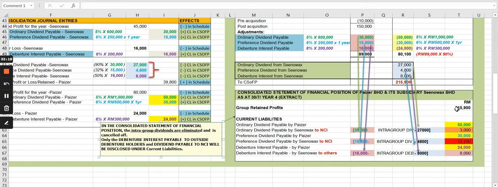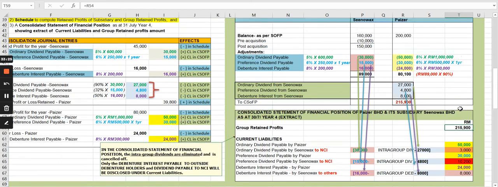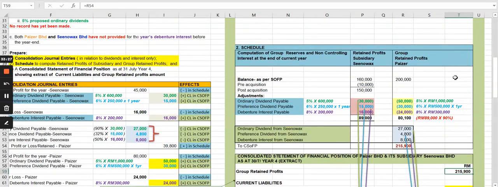Okay, that's it. For the group retained profit, you just need to copy and paste the group retained profit figure here. We're not doing any other things related to non-controlling interest. As I said, our focus is on how we adjust for the intra-group dividends.